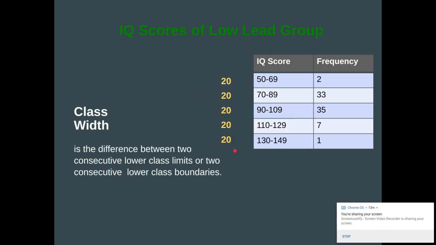So if we come back here, okay, and we want to do a relative frequency table for this. Okay, let's do one more interesting. Let's do this second class here, 70 to 89. Okay, there are 33 total frequencies in here. So we're going to take 33 and we're going to divide that by the total number of data values. The way we can find that is simply adding all of these up, okay?